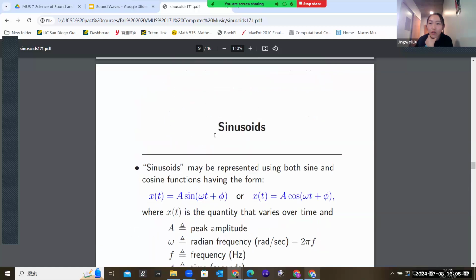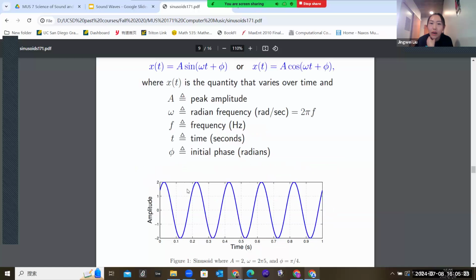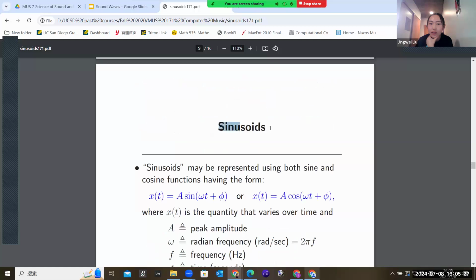The sinusoidal wave can serve as a basis, which means all sound waves can be decomposed into combinations of sines and cosines. And this is easy to manipulate. If we have time to talk about complex numbers, these are the fundamental components that we will use when dealing with complex numbers, in the Fourier transform and everything.